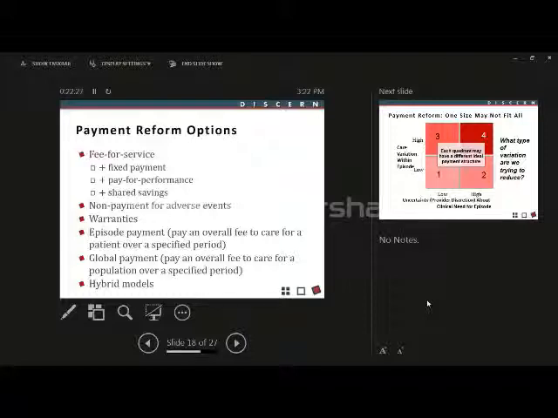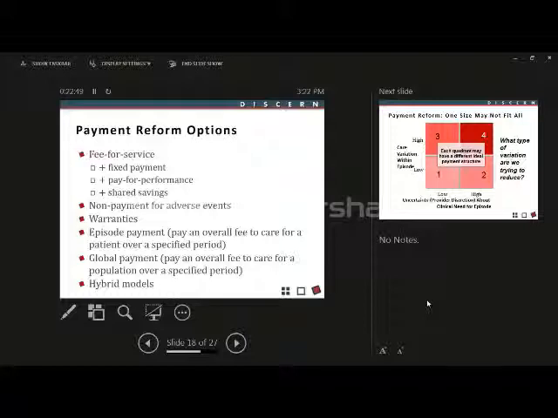Other payment reform options include warranties, where, for example, the provider wouldn't charge you more if there's a readmission or an avoidable complication. They would rather price that into the original cost. But then they're at risk for any complications that occur.